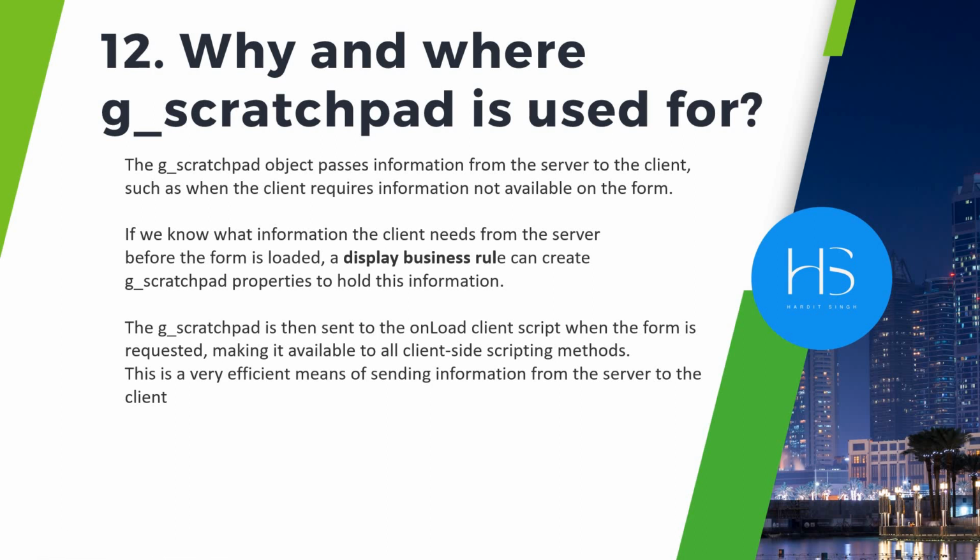Now, if you want to access some information from the server at runtime, then we use GlideAjax. But if you know this particular value will be used in your client script, you are pretty sure you will be using this value which is not on the form but you have to fetch it from the server, and you want to save time by not using GlideAjax.